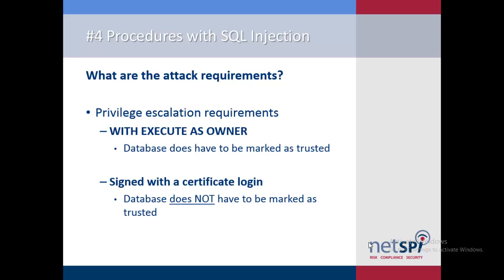So in some cases, a developer might create a stored procedure to execute as the owner. And so if we have SQL injection, that means that we can run whatever we want as the owner, which may or may not be sysadmin. But as we mentioned before, the database does have to be trusted for you to be able to access objects outside of your current database.